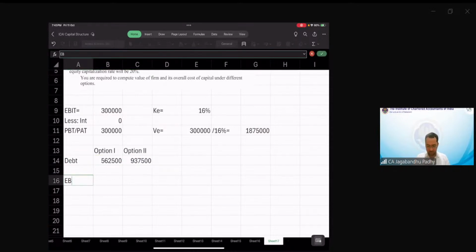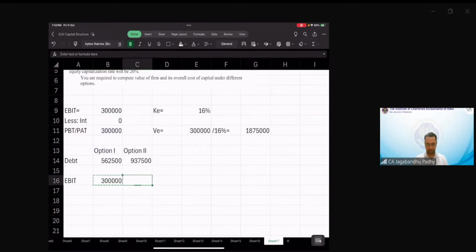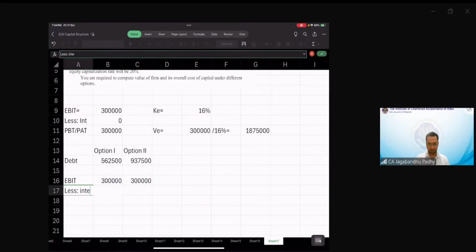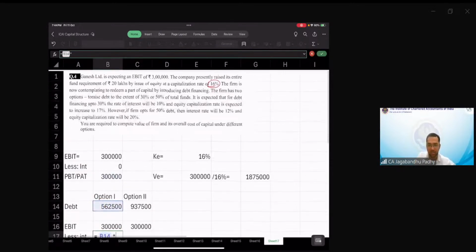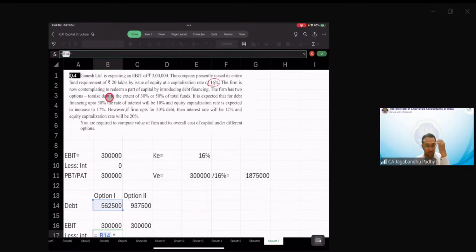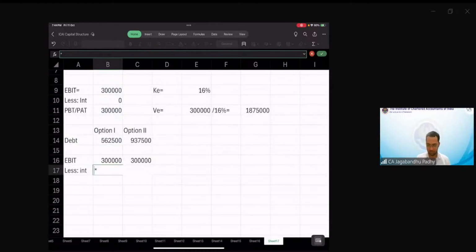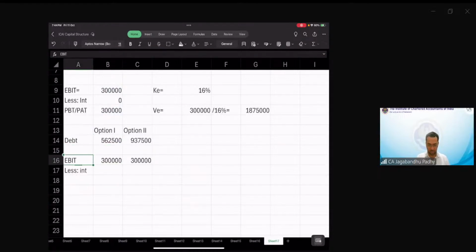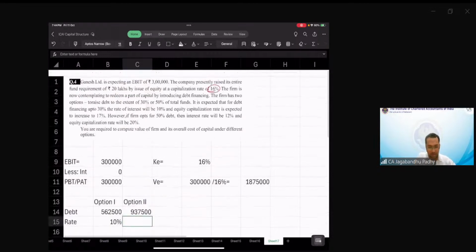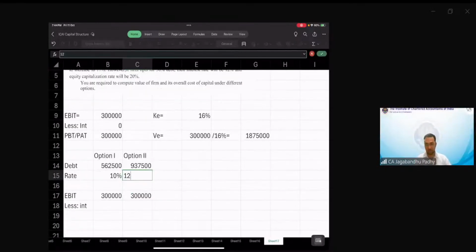Now with this amount of debt, we can expect the same EBIT of 3 lakh. Of course, we need to reduce the interest. Interest will be the debt multiplied by the rate of interest. In case the company goes for 30% funding, the rate of interest will be 10%, and the rate of interest in the second option is 12%.